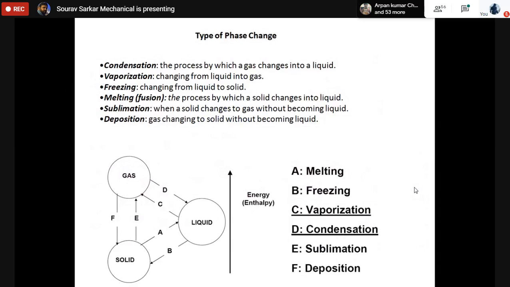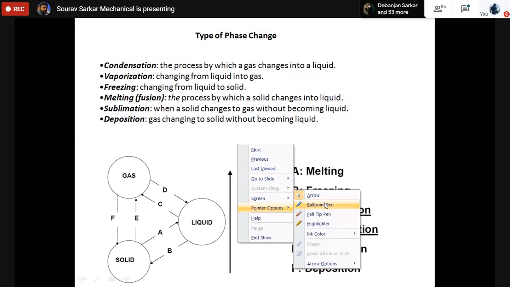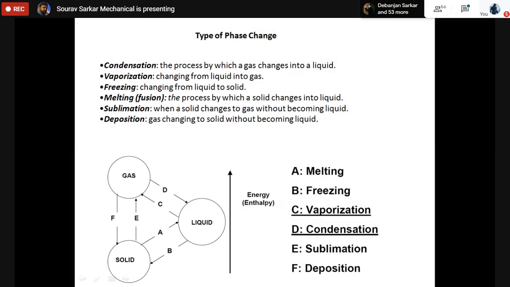Okay, so now I told you why we are going to study this subject, to understand what is phase change. What is phase change? If you look into this figure, this is the gas phase, this is the liquid phase and this is the solid phase. The gas can be converted into liquid, or the liquid can be converted into vapor.